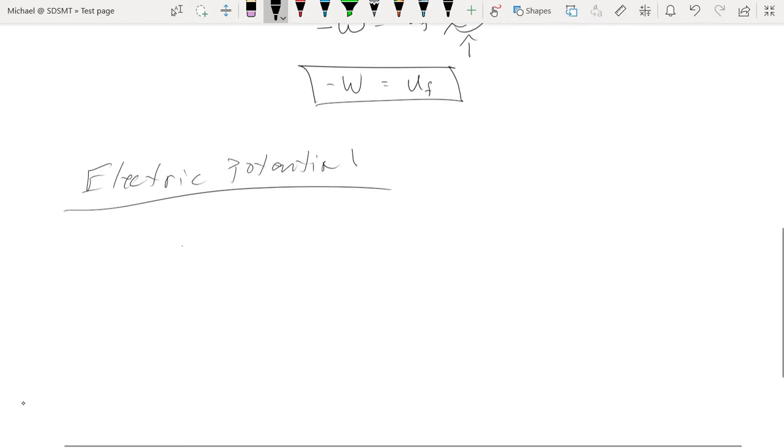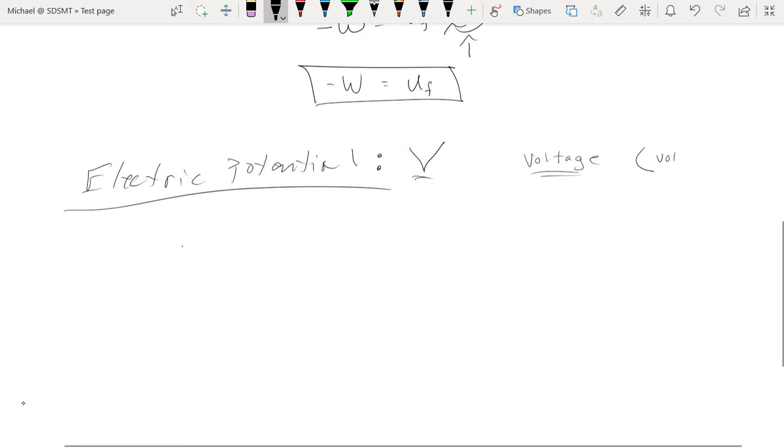The electric potential, we are going to denote that with the symbol V. And it's at this point most people start to recognize the electric potential by its more common name, which is voltage. So V for voltage makes a lot of sense.